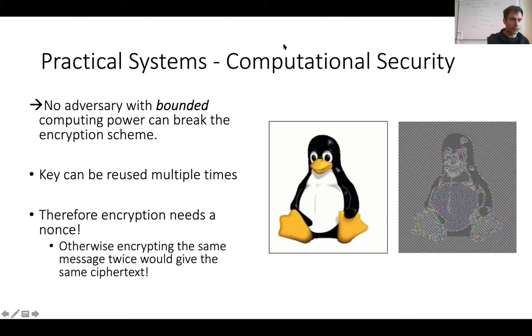In this slide, you can see this very nice penguin taken from Wikipedia, where you can see on the left a picture of the Linux penguin, and on the right an encryption of this, where every block of pixels has been encrypted using the same key. And you can see that everything which is white is being mapped into something which is randomish, but it's always the same.